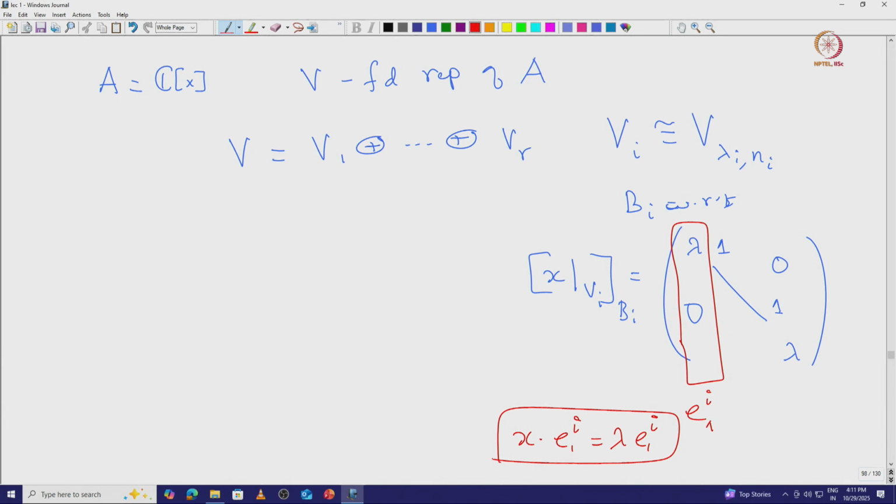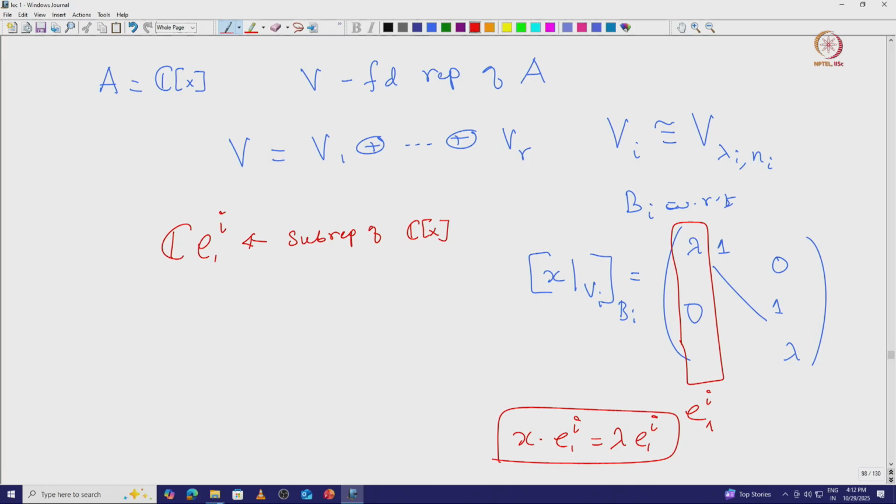So, that means this subspace C E1i is an invariant subspace. So, it is indeed a subrepresentation of C[x]. Since this is a one dimensional representation, it must be an irreducible representation.